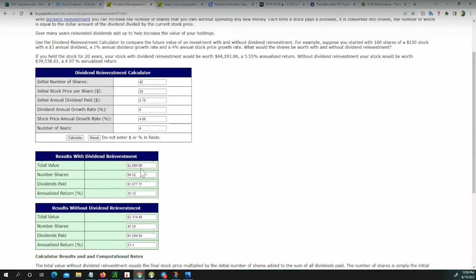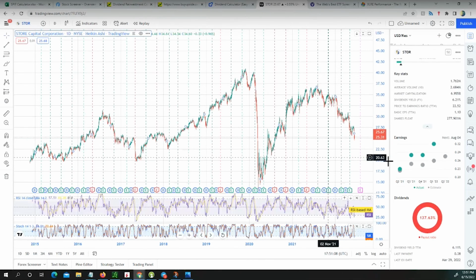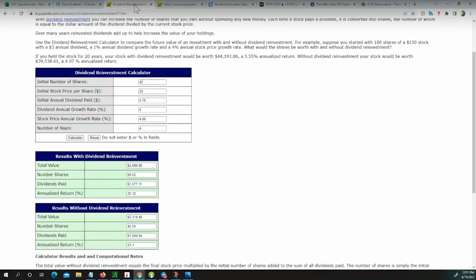Store wouldn't have done better than VICI. And that's where you might have to go to the fundamental analysis of this and see what happened in the last year, 2 years, 3 years before this year. So something must have happened here with the corona and everything that dropped the returns significantly.